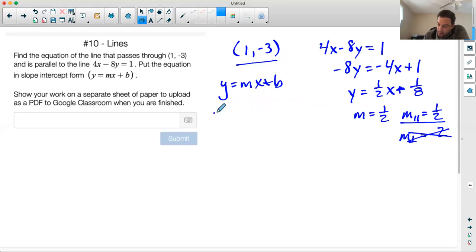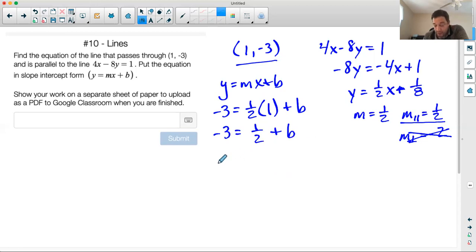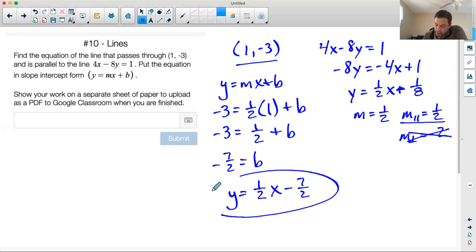And then I'm going to plug in what I know. -3 equals 1/2 times 1 plus b. That's -3 equals 1/2 plus b. And then subtract 1/2, which is going to give me -3.5 or -7/2 for b, which then gives me an equation of the line of y equals 1/2 x minus 7/2.